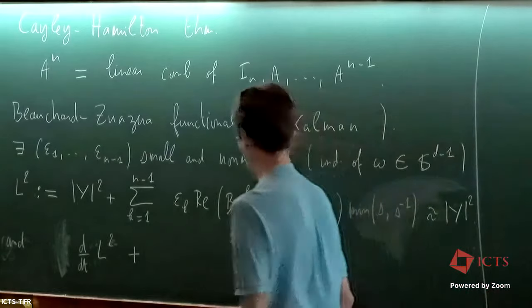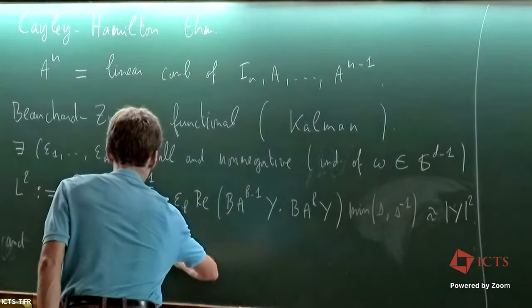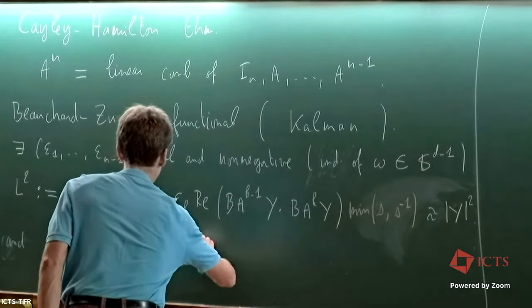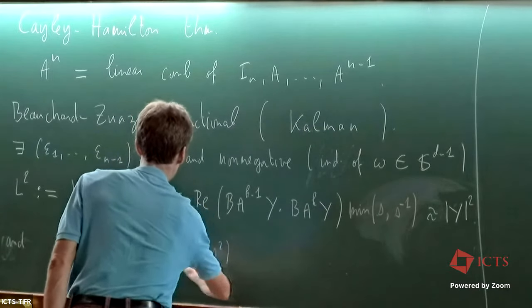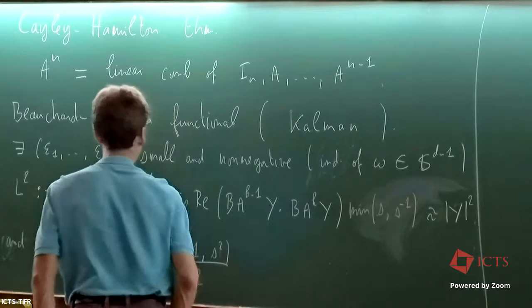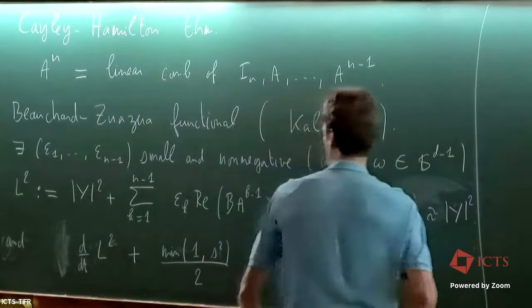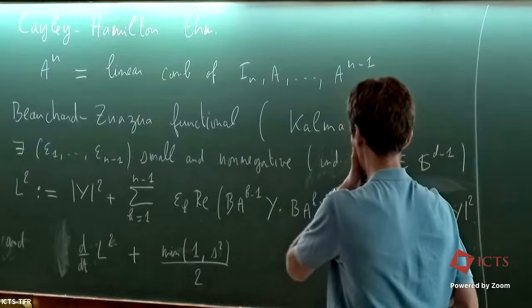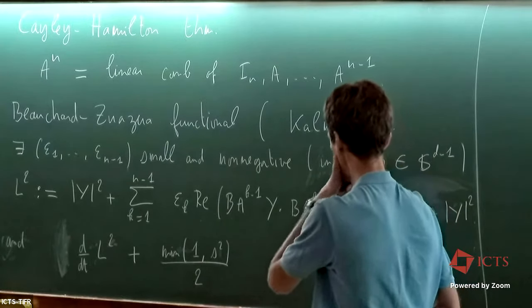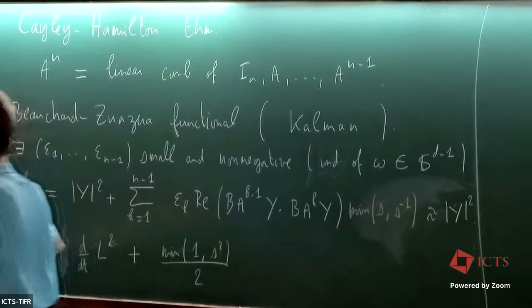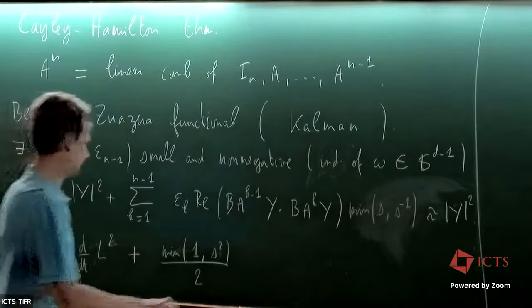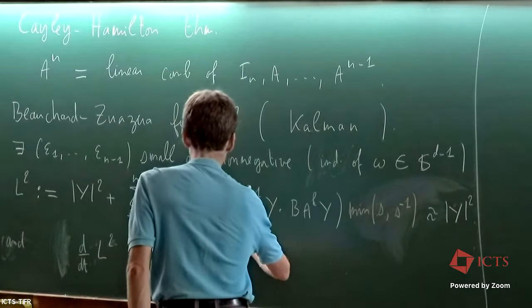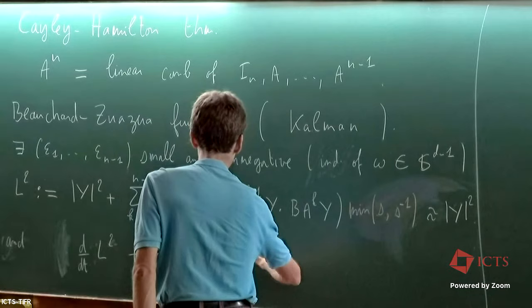And such that you have this inequality, you have the minimum between 1 and S square divided by 2. Okay, and then you have a sum which corresponds to this one actually. Okay, let me put b y square.